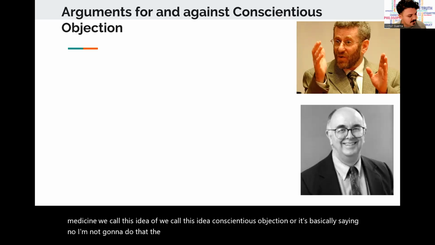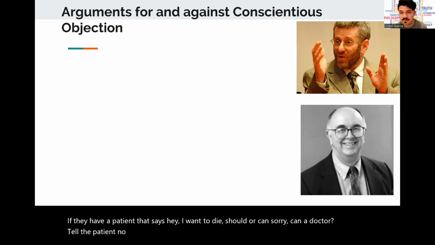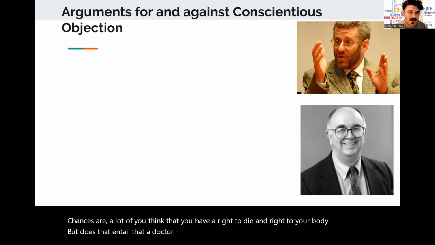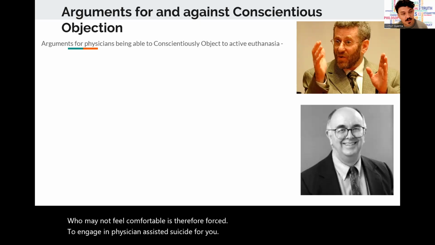The question I want to consider here is, if a doctor has a patient that says, hey, I want to die, can a doctor tell the patient, no, I'm not going to help you with physician-assisted suicide? Chances are a lot of you think that you have a right to die and rights to your body. But does that entail that a doctor who may not feel comfortable is therefore forced to engage in physician-assisted suicide for you?